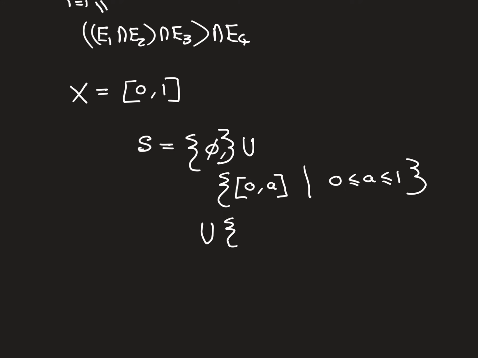We're going to have all the intervals that are open at one end, A, and closed at the other end, B, such that A could be greater than or equal to 0, and it's going to have to be strictly less than B, which then can be less than or equal to 1.